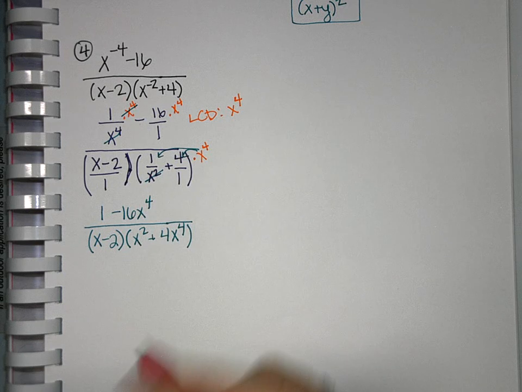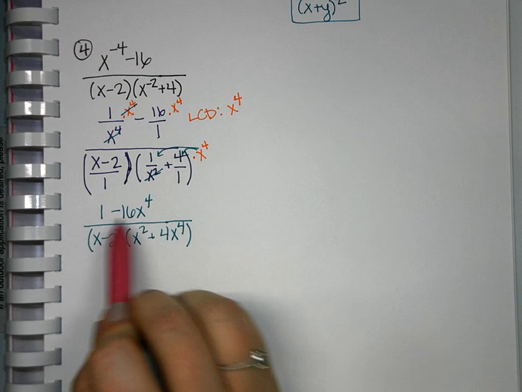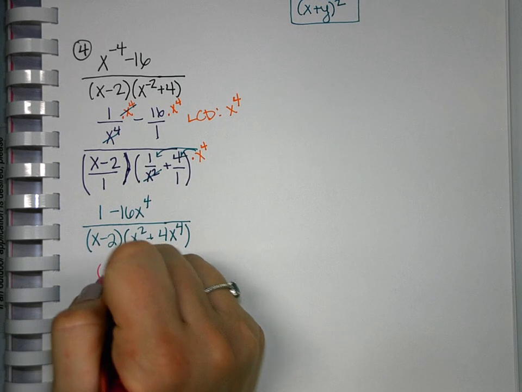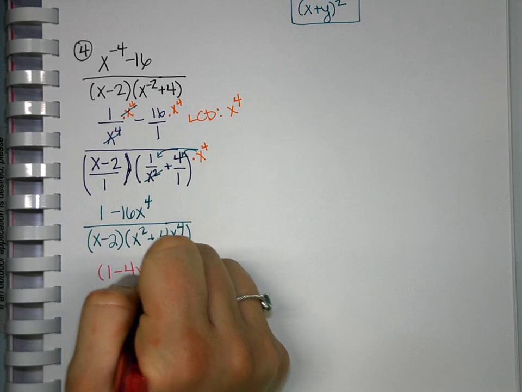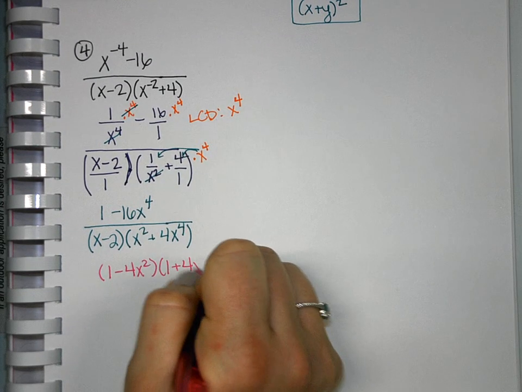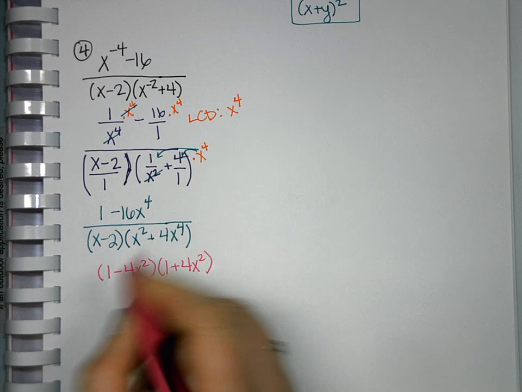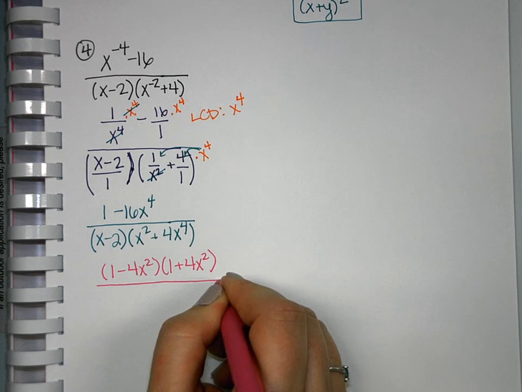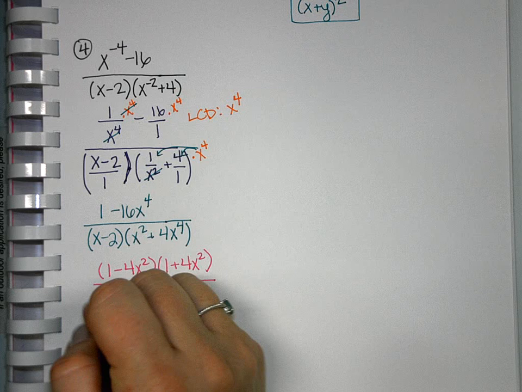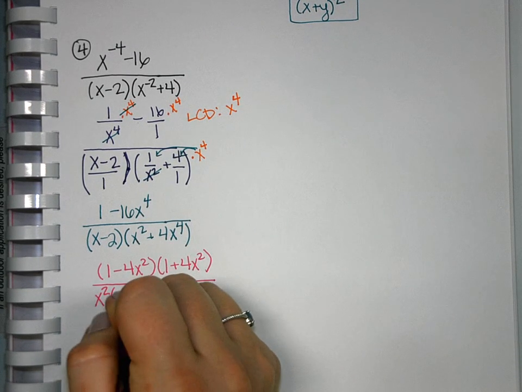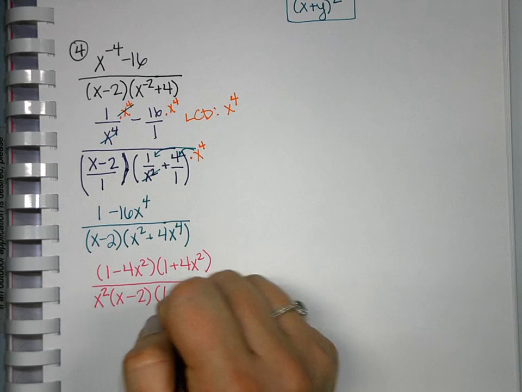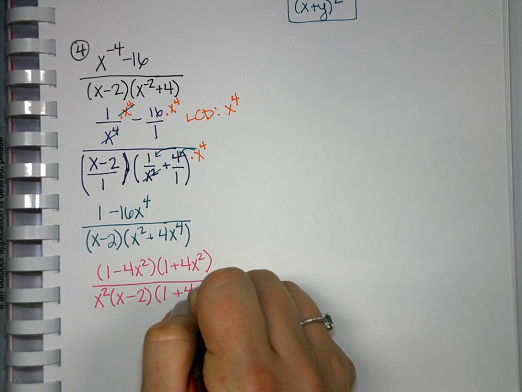So let's see. My numerator, I notice that I have difference of squares. So 1 minus 4x squared and 1 plus 4x squared. And then in my denominator, in this second polynomial, I can factor out an x squared, which will give me a 1 plus 4x squared left inside.